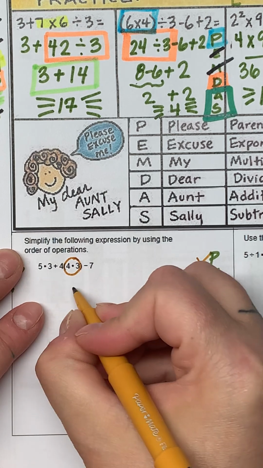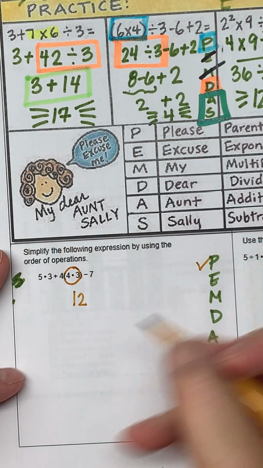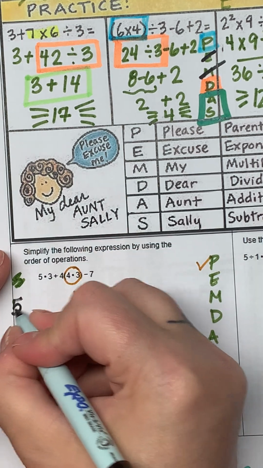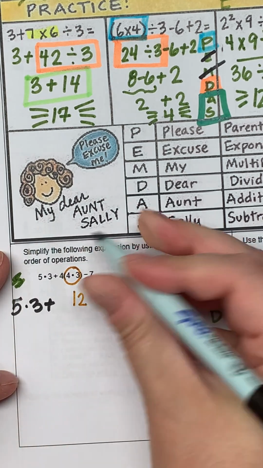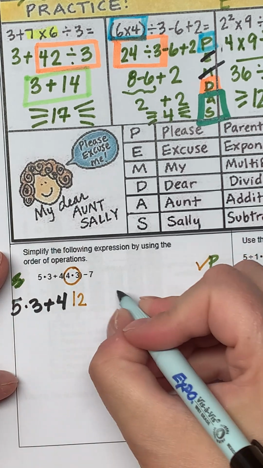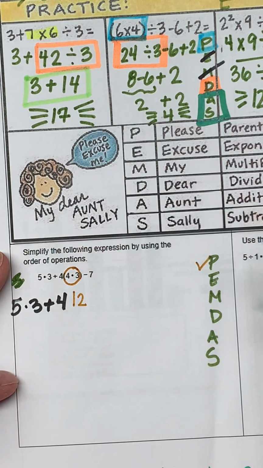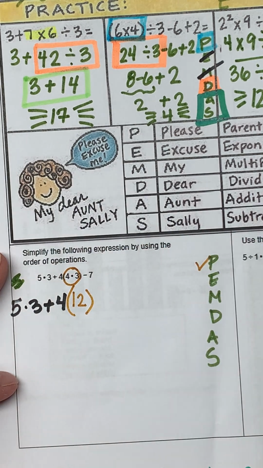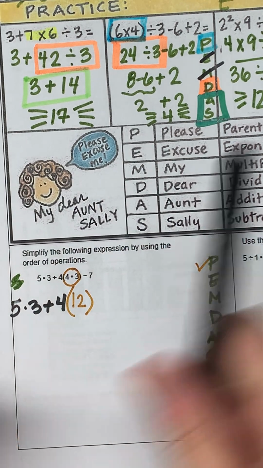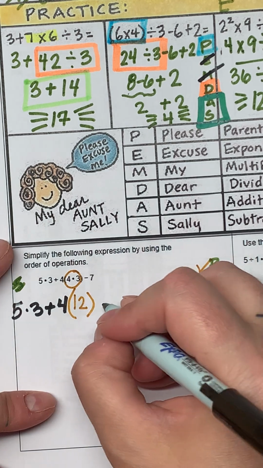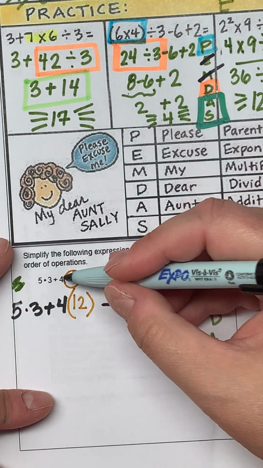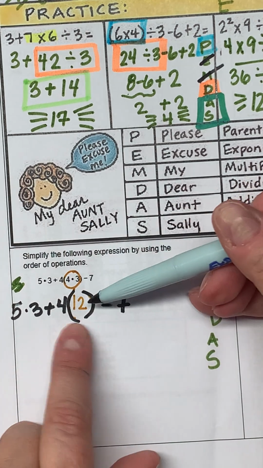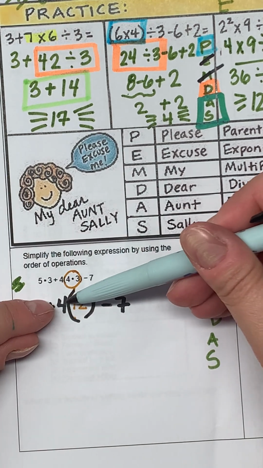4 times 3 is 12, and then let me write down everything else. We still have 5 times 3 plus a 4. And then that 12 is still in parentheses. And then we have a minus 7 at the back end. So that 4 times 3 is 12, but we still have parentheses there because there's a number in front.